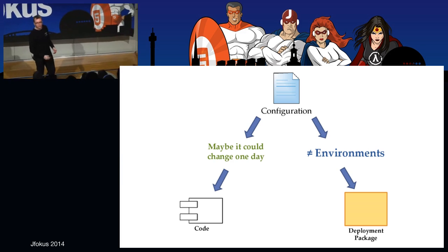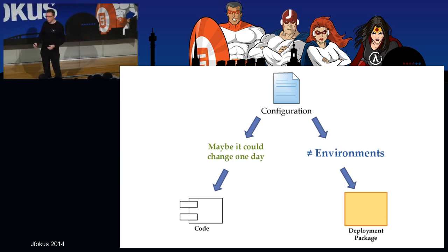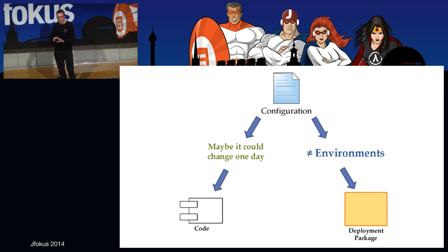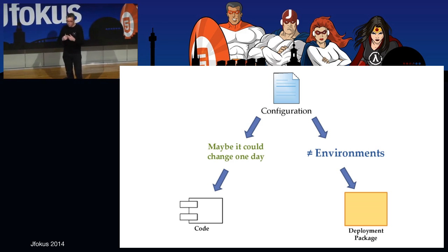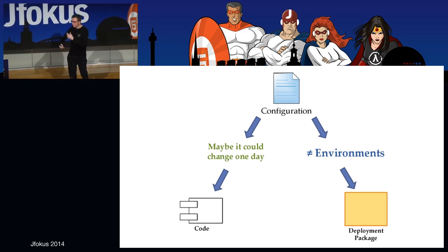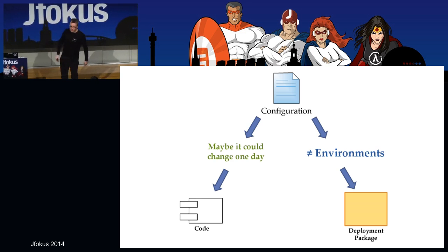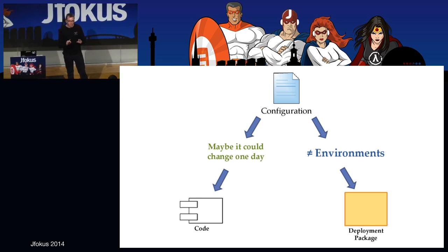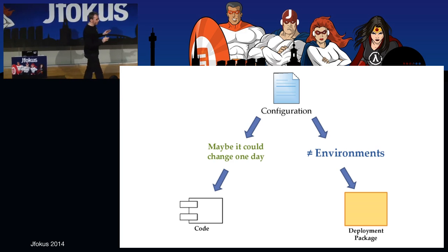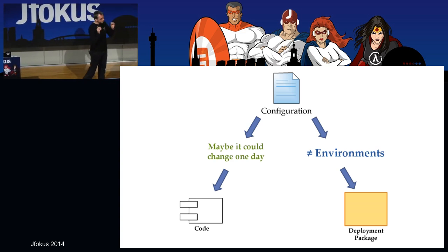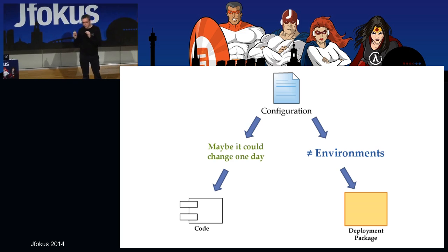That is the new configuration in a continuous delivery world, so just put it back in there, and if it changes one day, just make a commit, it will run through the normal cycle, and it will get out there. Not a problem.